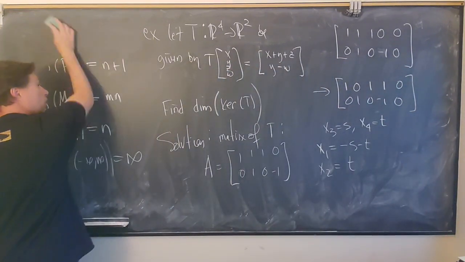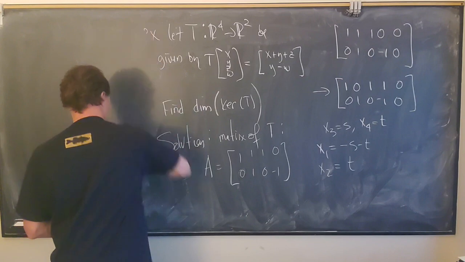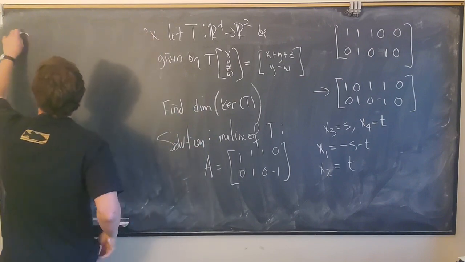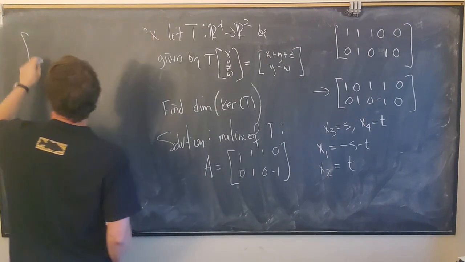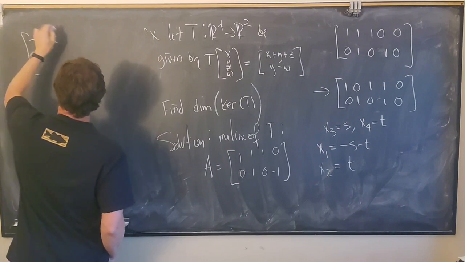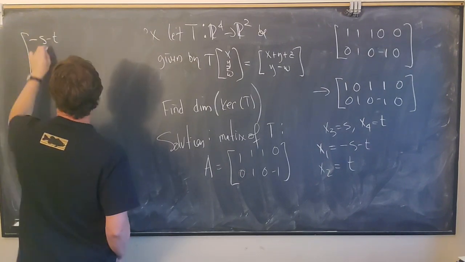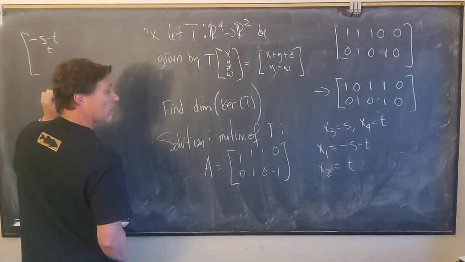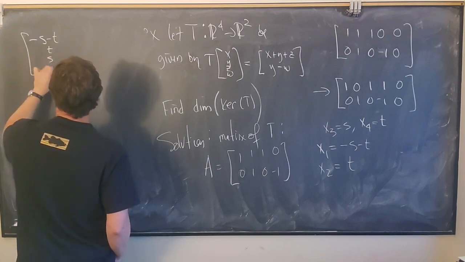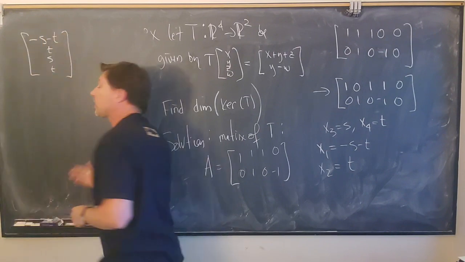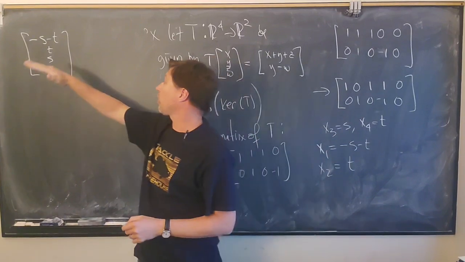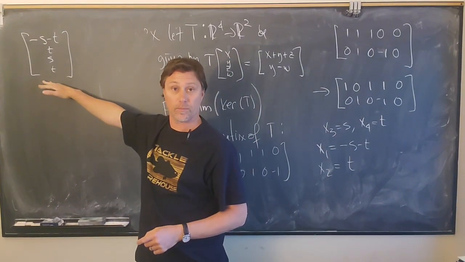So the general solution to this system looks like this. We will have a negative s minus t, then a t, then an s, and then a t. Right? So vectors in the kernel of T are exactly the vectors of this form.